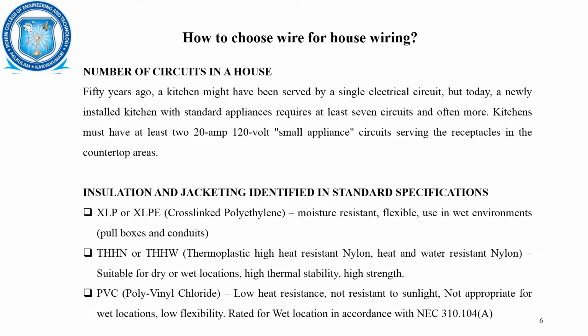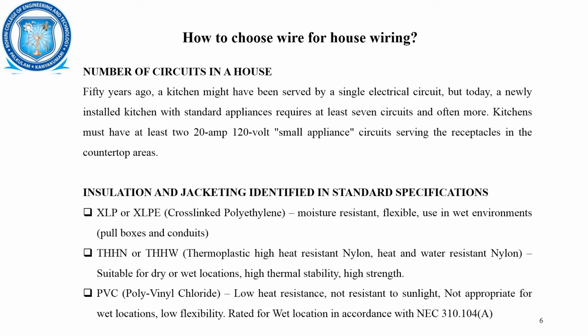Kitchens must have at least two 20-ampere, 120-volt small appliance circuits serving the receptacles in the countertop areas, because we have toasters, electric stoves, induction stoves, mixers, grinders, refrigerators, etc. All these will be accommodated in the kitchen. Depending upon the requirement of any room, we count that number of circuits for that particular room design.